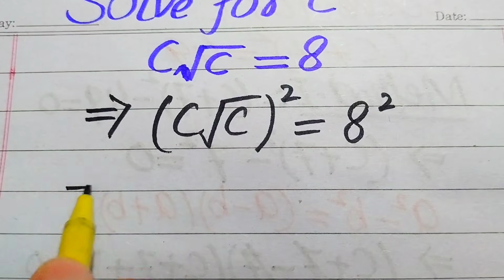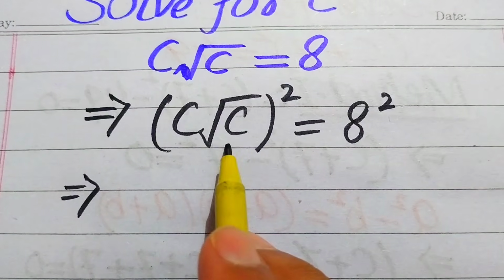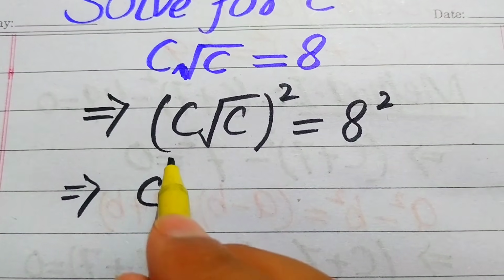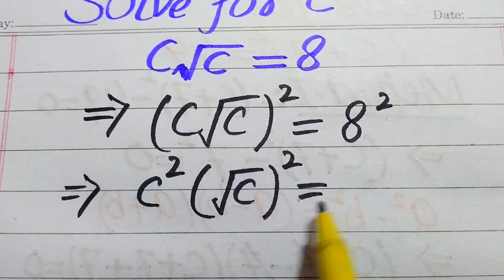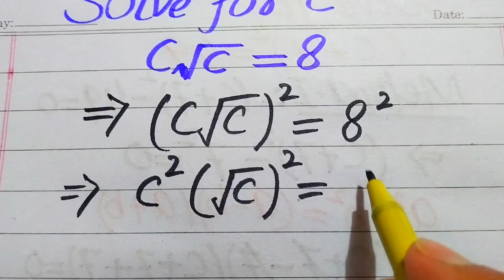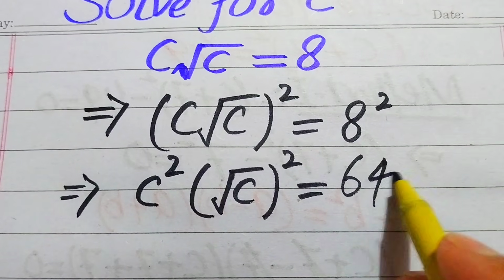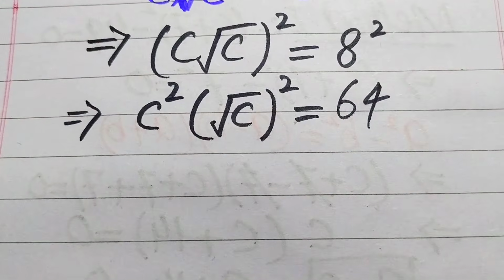And further we apply this square separately on both of these two values and we get c squared into square root of c whole squared is equal to 8 squared, and 8 squared is equal to 64.